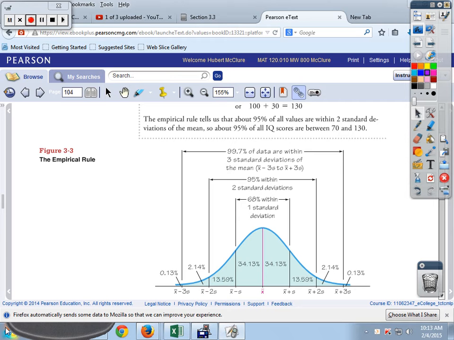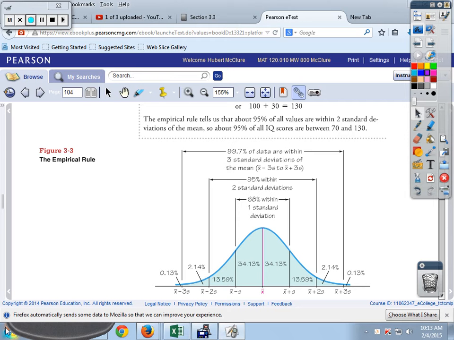All right, outside of 2 standard deviations, what is the term we're looking for? Well, what's within 2 standard deviations? 95% falls within 2 standard deviations. That is called normal. So 2 standard deviations, 95%.